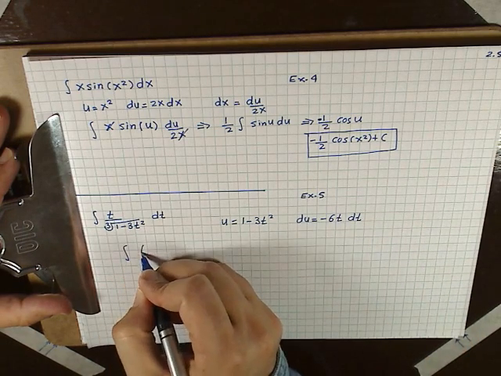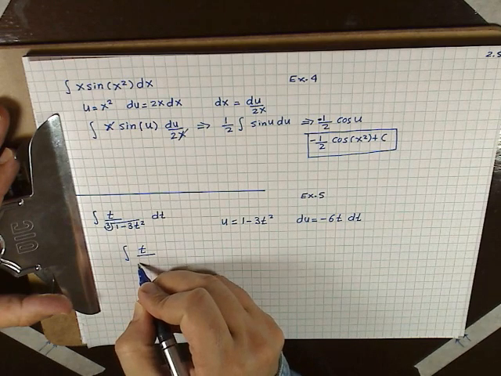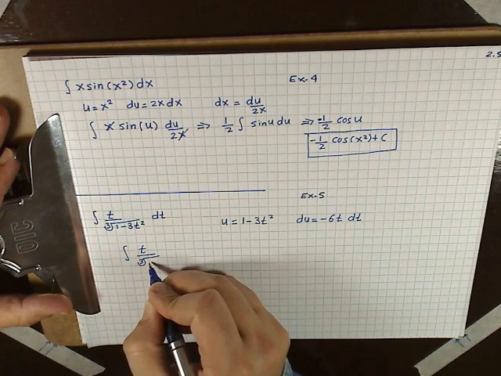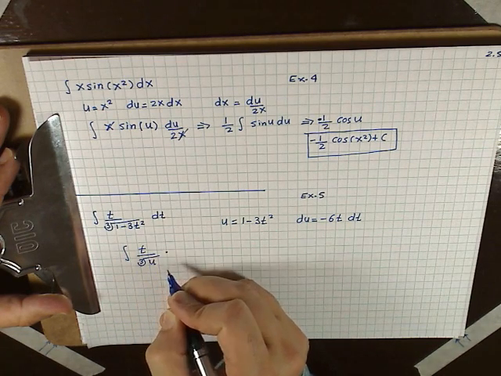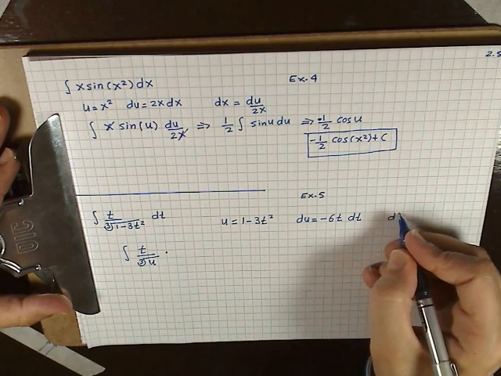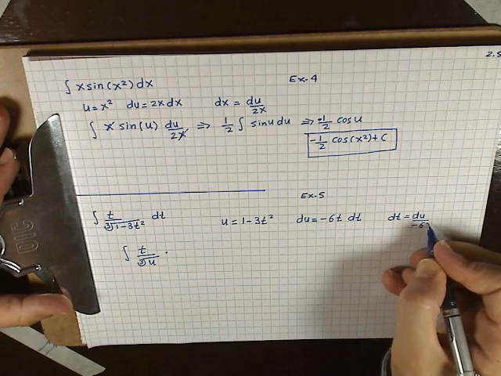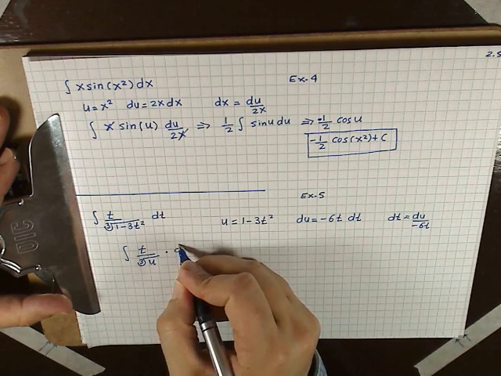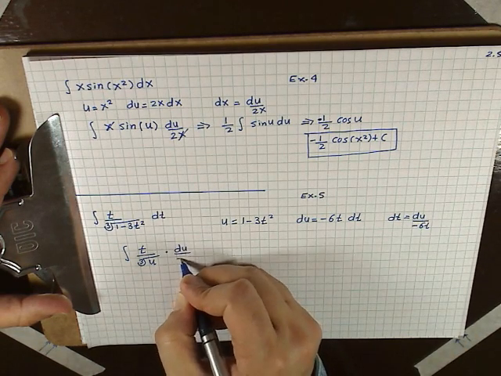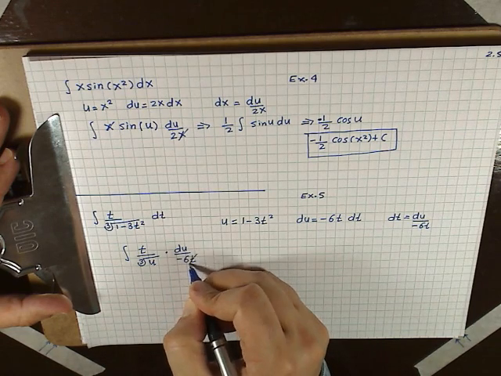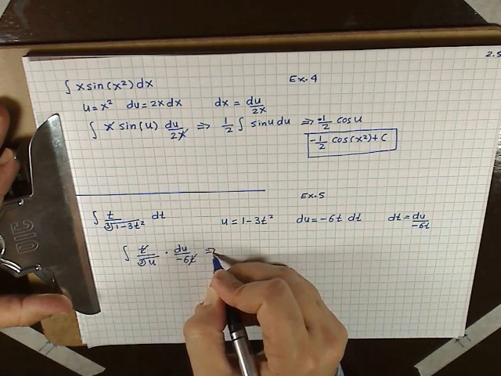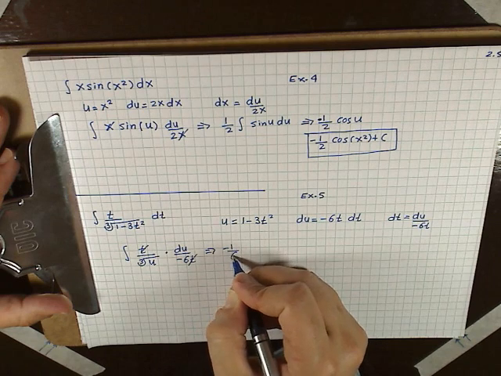Integral t divided by third root of u multiplied by dt. Let's solve for dt. That's equal to du divided by minus 6t. Cancel the t with negative 1 over 6.